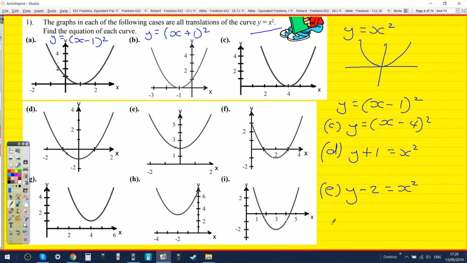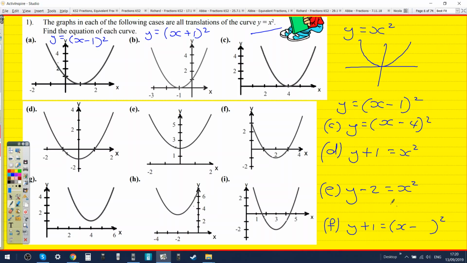F. Y plus 1 equals x minus 4 close brackets squared.